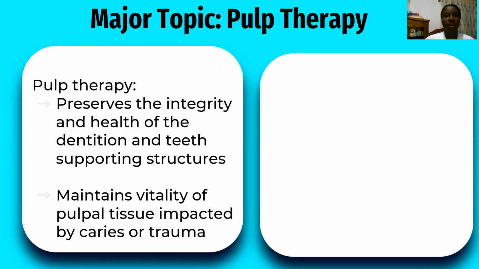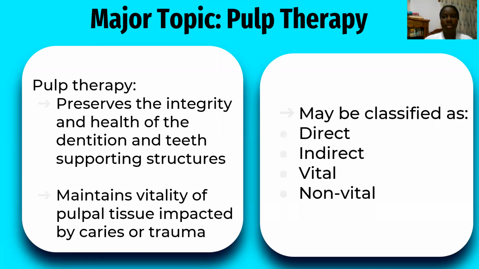The major topic that the article addresses is pulp therapy. Now, pulp therapy has the goal of preserving the integrity and health of the teeth as well as teeth supporting structures. Pulp therapy also seeks to maintain the vitality of pulpal tissue that is impacted by caries or trauma.